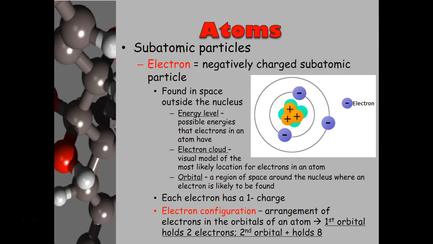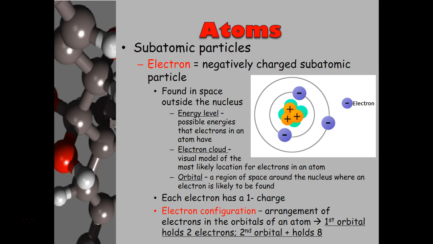That being said, the way in which we describe where those electrons are found is a little different depending on what our ultimate question is, what our line of study is, what our purpose for discussing those electrons is. So I've got really 3 basic models that can describe where an electron exists, and some of these models are more helpful than others depending on what my purpose is for describing where those electrons are.